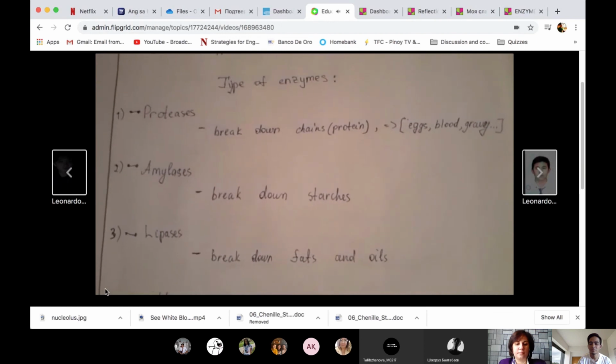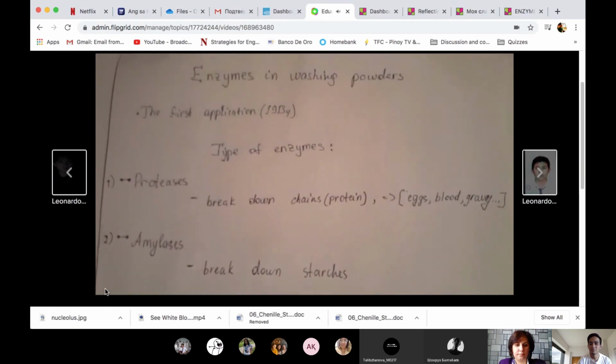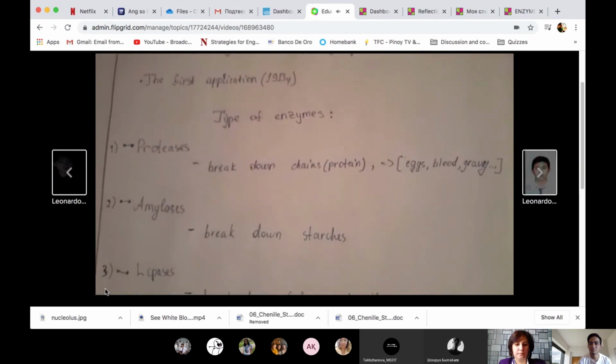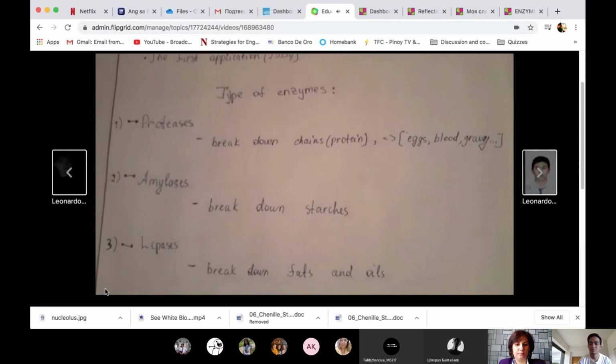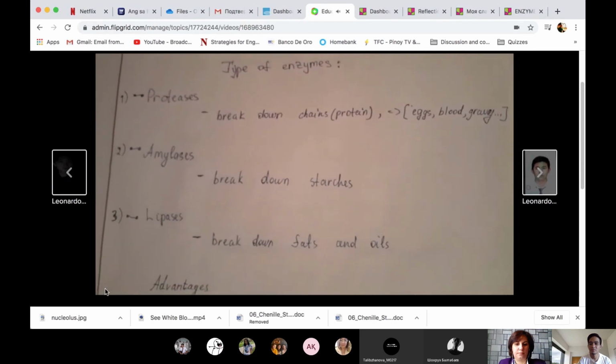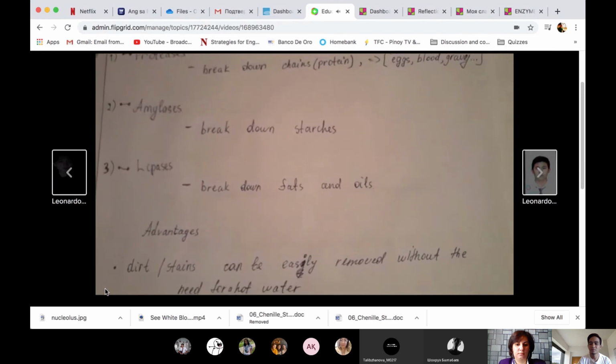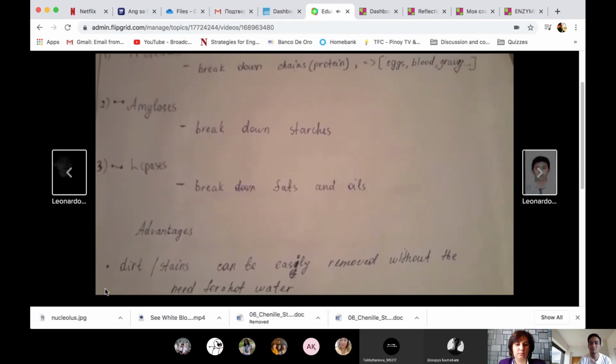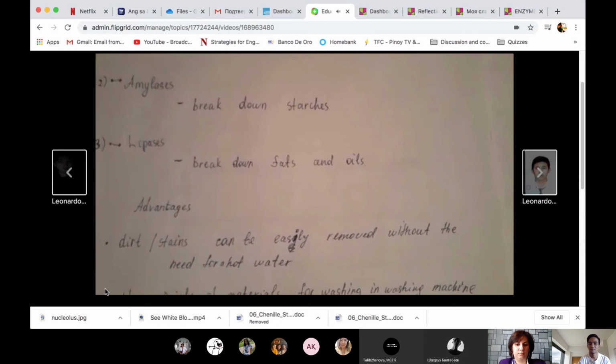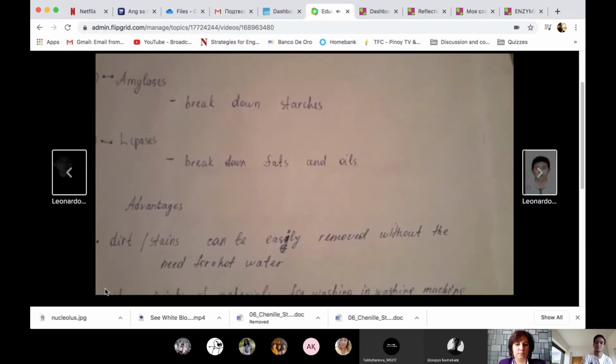And we can find these types of enzymes in washing powders. The advantages of using enzymes in washing powders are that dirt and stains can be easily removed without the need for hot water.